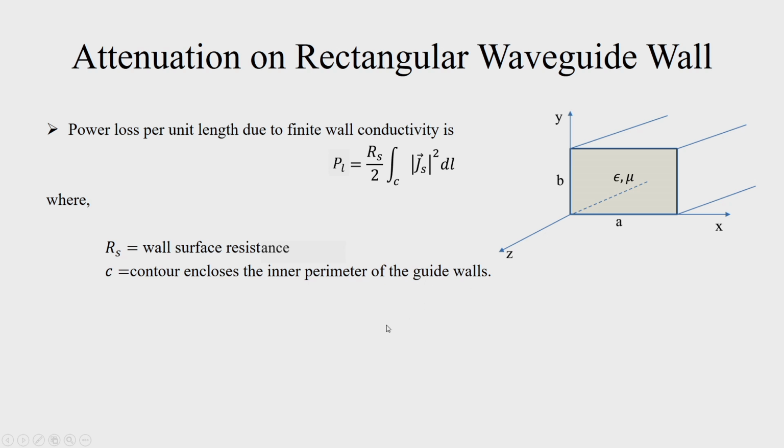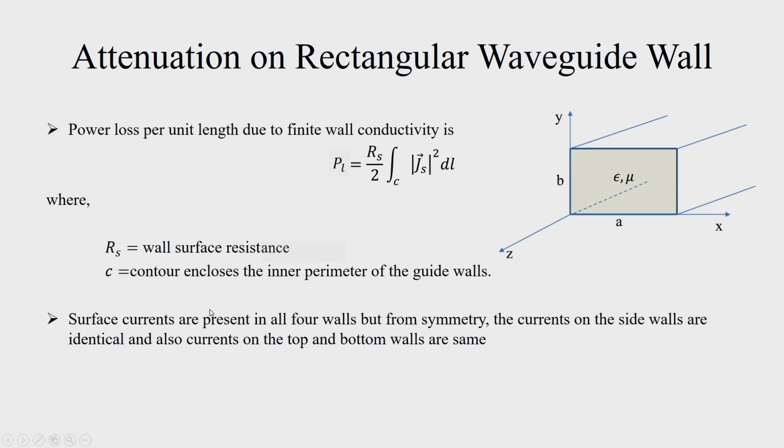Now, once we are able to find Js, we can evaluate this integral and this will give us the power loss per unit length, and from there we can find the attenuation constant.